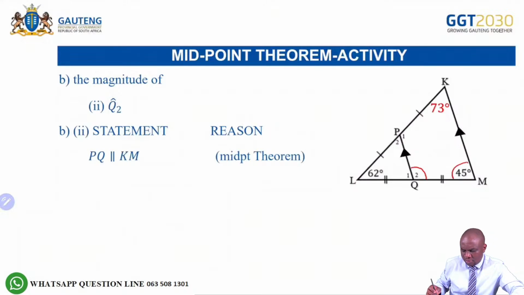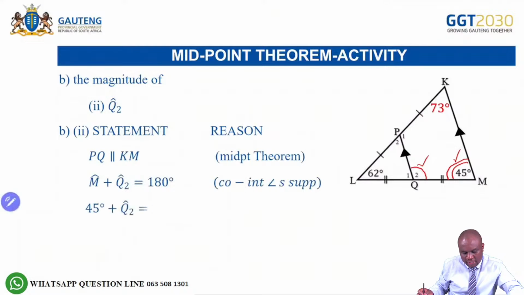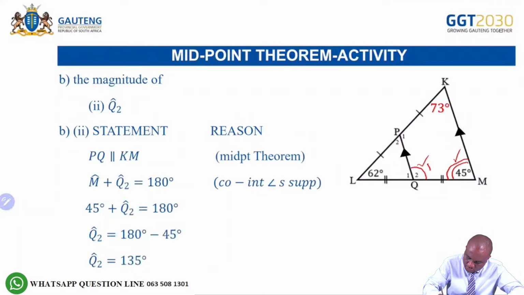What can you say about these two angles that I've highlighted? They are co-interior angles, meaning that Q2 and the 45 degrees must add up to 180 degrees. Co-interior angles, that's the reason there. Then we solve for Q2: 180 minus 45, which is 135 degrees. So Q2 is 135 degrees.